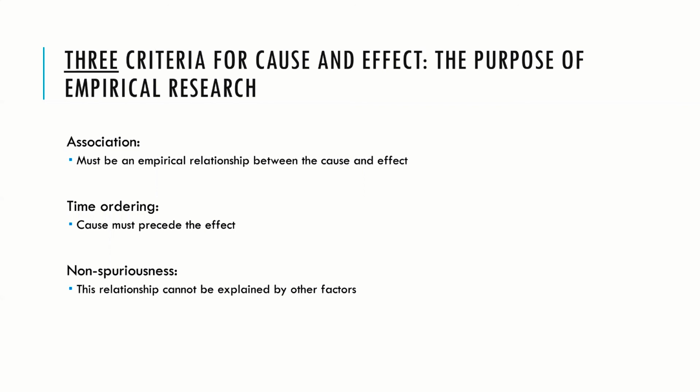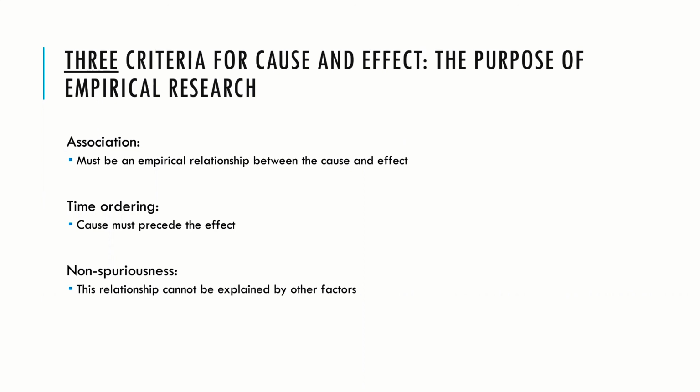And finally is this idea of non-spuriousness. Spuriousness is the idea that when you're looking at the relationship between two variables, there's some unexplained or unmeasured third variable that can explain the relationship between X and Y. There's always this example of shoe size and reading comprehension level.